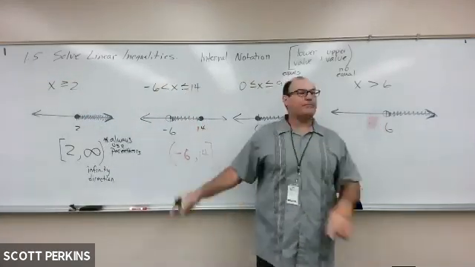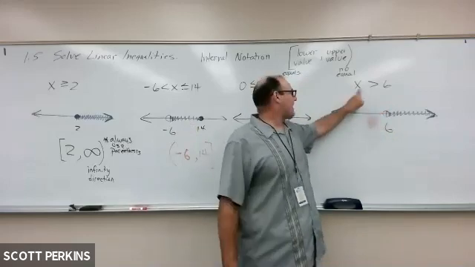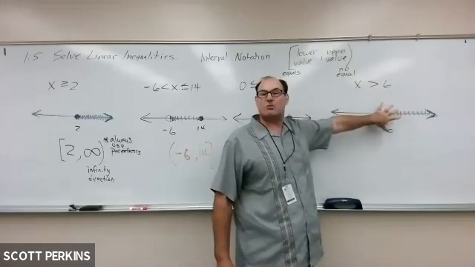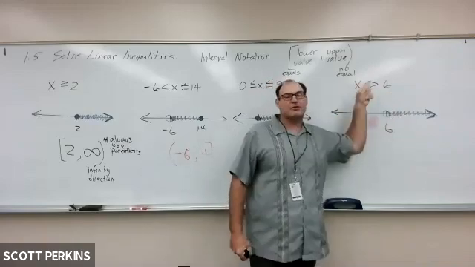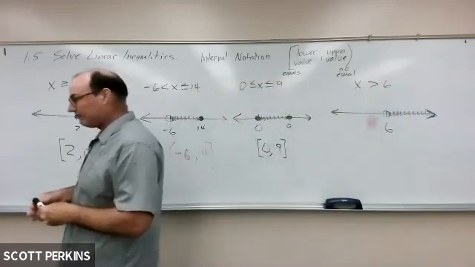Once you've written that down, do this one. X greater than 6. The only difference to this one that you have to sort through is that there's no equal at the 6 this time.